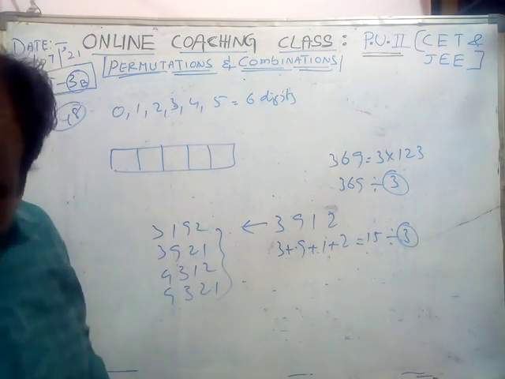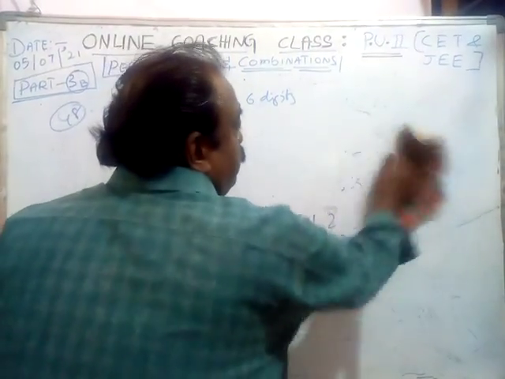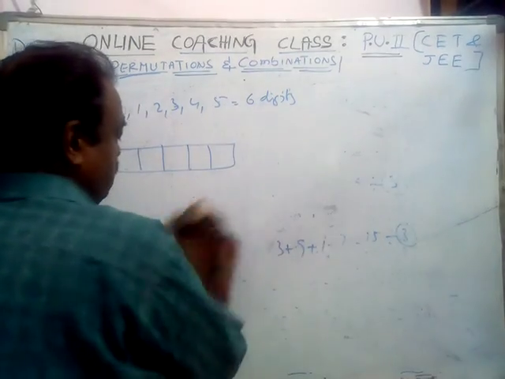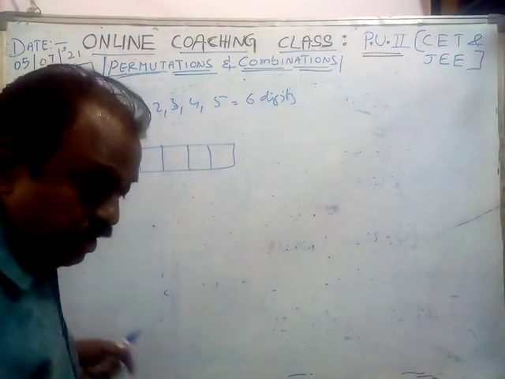That is the method. Like that, here also we have to choose the digits whose sum is divisible by 3.